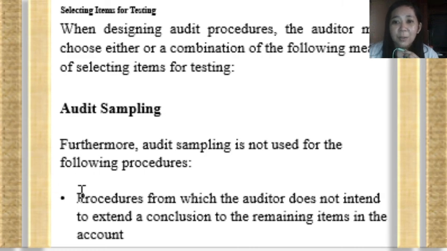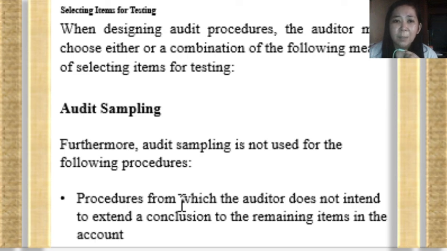And procedures from which the auditor does not intend to extend a conclusion to the remaining items in the account. For example, if in the population there are items where the auditor will not extend a conclusion, or he will not include them as part of the scope of the audit, as also discussed with the management, then the auditor cannot draw a sample.